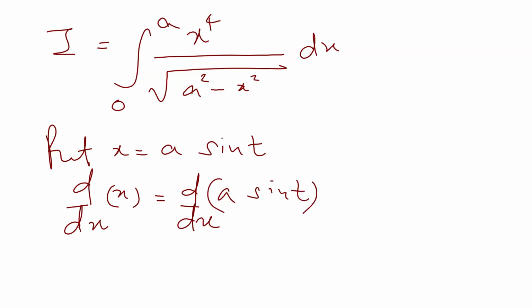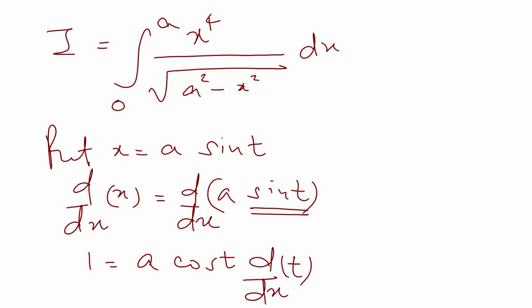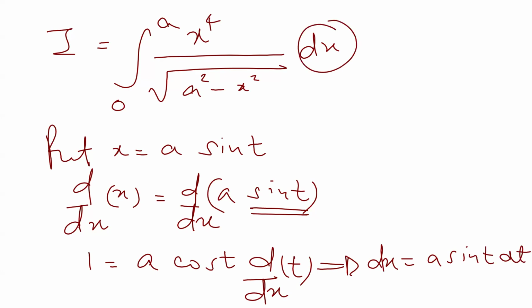So d by dx of x is 1, a is outside, d by dx of sine t is cos t into d by dx of t, chain rule. So dx is equal to a cos t dt.